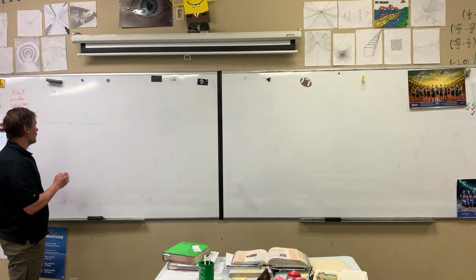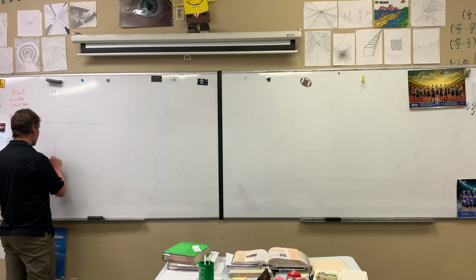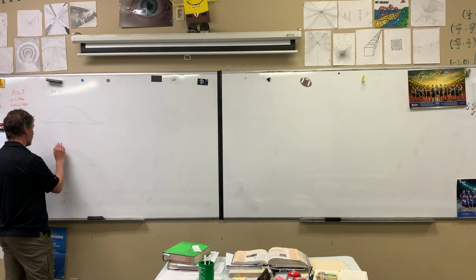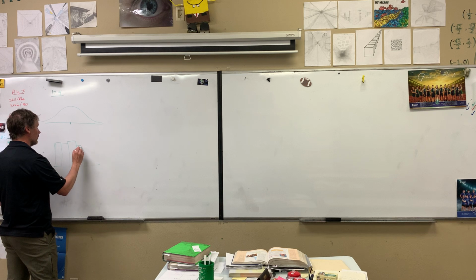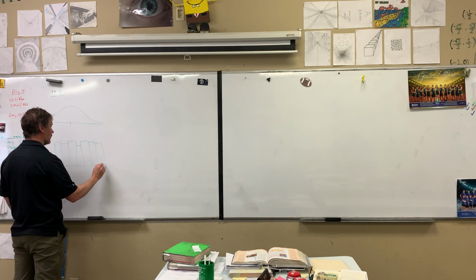And when you're looking at the histogram of telephone numbers, I'm not drawing it completely to what they had, but it looks something like this, and so on and so forth.